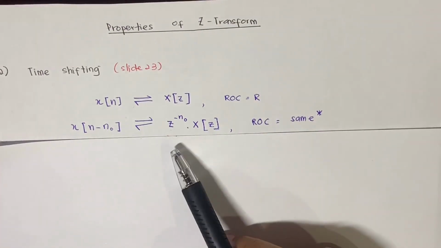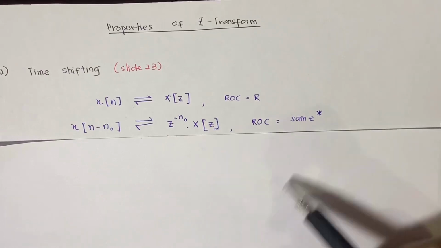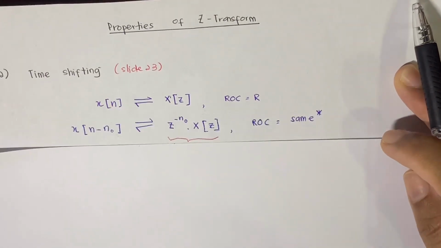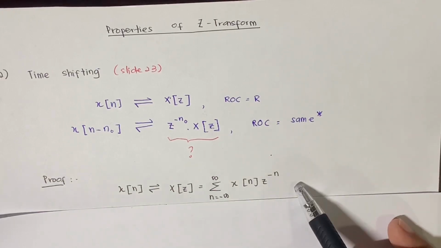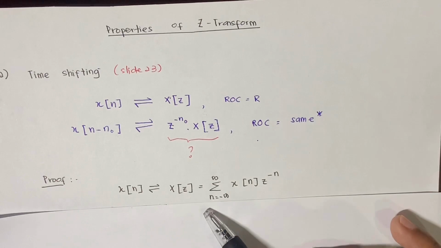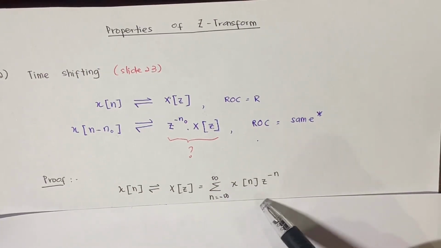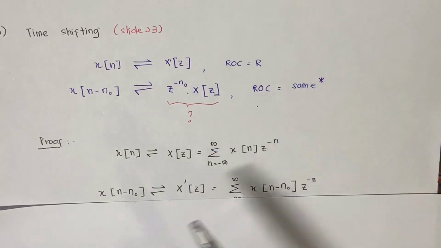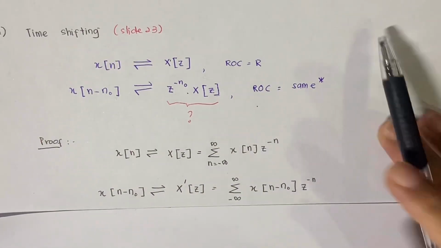So how do we get this Z transform equation? I will prove it to you. You need to write the general equation that we already performed in the previous video on how to get the Z transform, and then replace the signal.